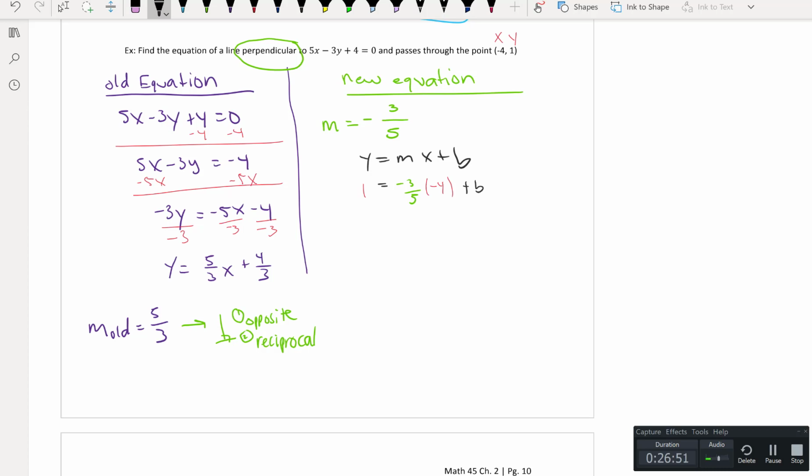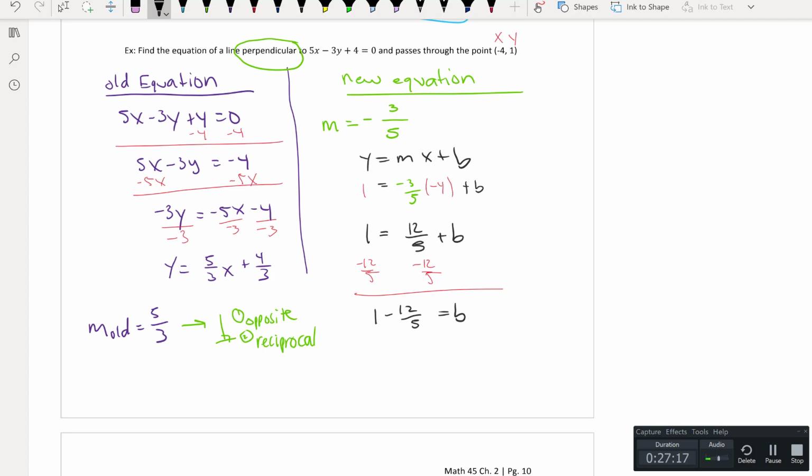So now when I calculate this, I will have 1 is equal to a positive 12/5 plus b. So now I'm going to subtract that 12/5 from both sides. So I really have 1 minus 12/5 is equal to b.